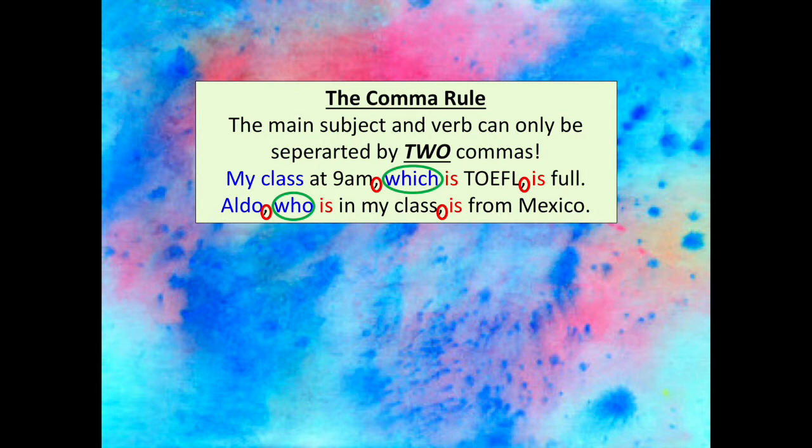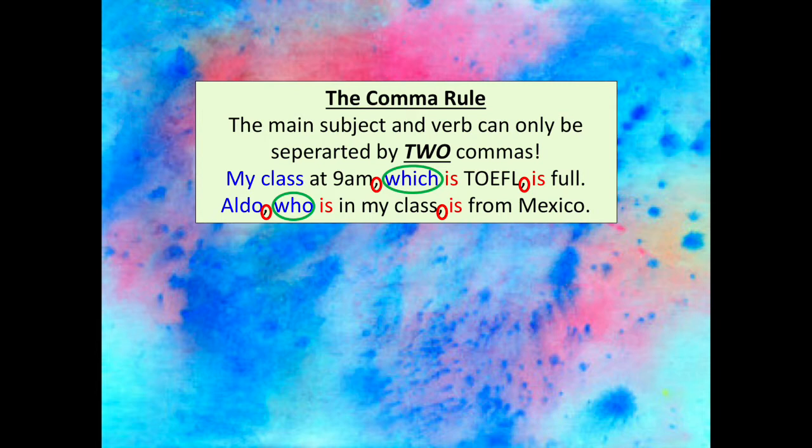One rule that can help you on this part of the exam is the comma rule. The comma rule says that the main subject and verb can only be separated by 2 commas, not just 1 comma.